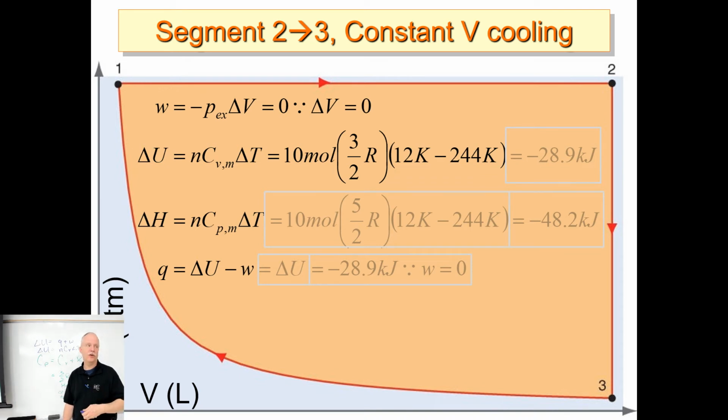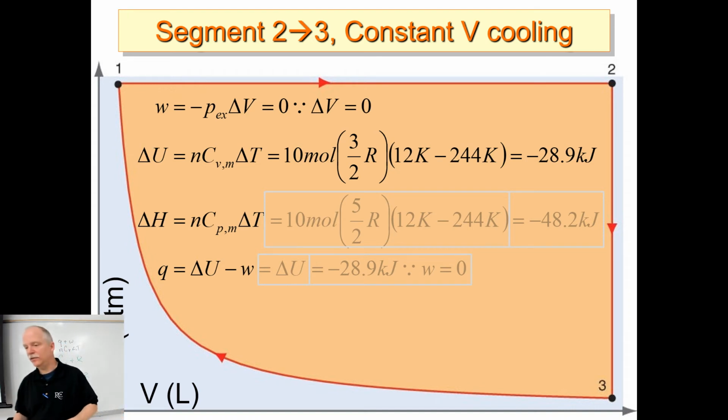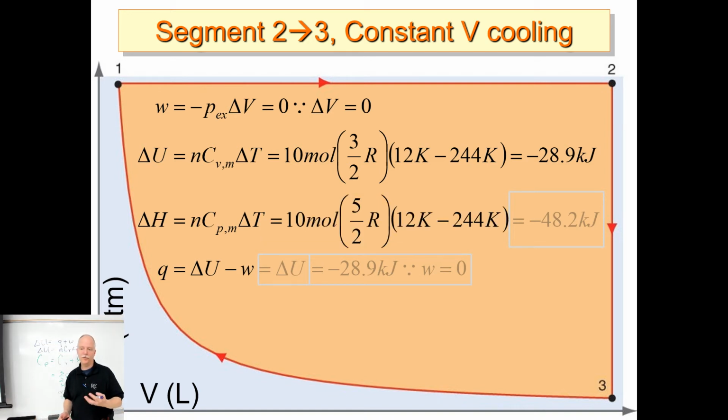T initial is 244. So this is negative. So energy has flowed out of the system. Okay. The system has lost energy, 28.9 kilojoules, in the form of heat. So here's the delta H using CP, negative 48 kilojoules.